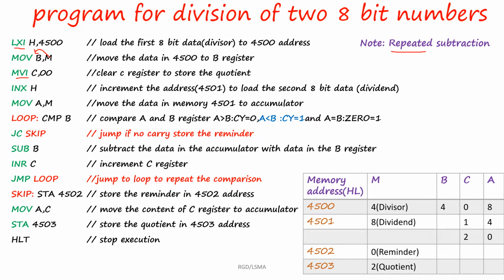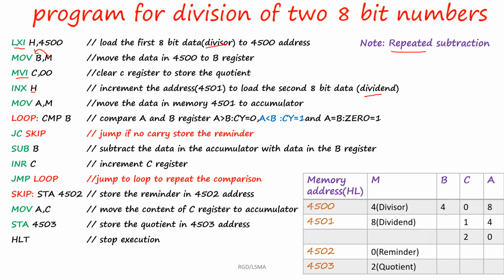Next, I need to load my second data. For that, I'm going to use an instruction called INX H, which increments your address by 1. The HL pair has the address 4500. If you use the instruction INX H, you increment this address 4500 to 4501 to load my second 8-bit data. The first data is the divisor, and the second data is your dividend.